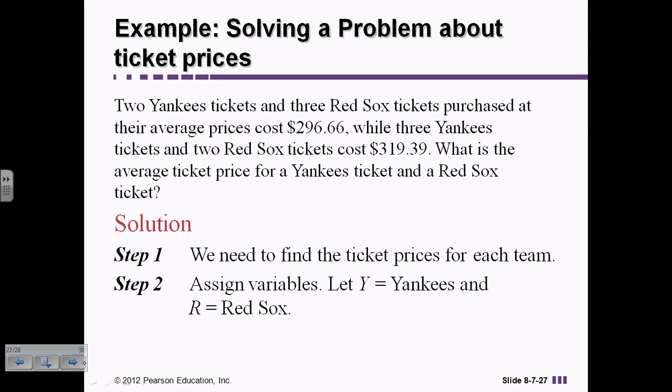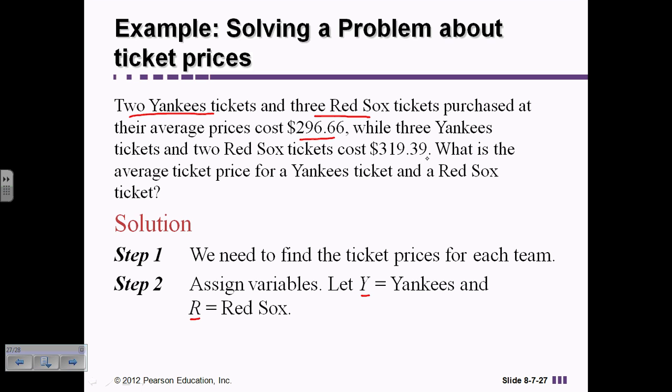Okay, so let's do another one. Talking about ticket prices this time. So we have Yankee tickets and Red Sox tickets. I let Y equal the Yankee tickets and R equal the Red Sox tickets. And it says 2 Yankee tickets and 3 Red Sox tickets are $296.66.